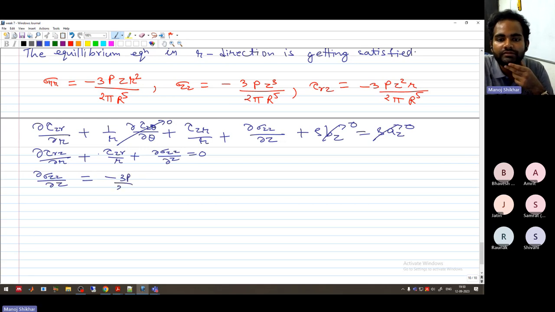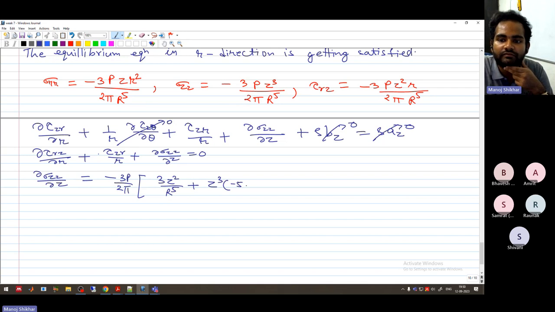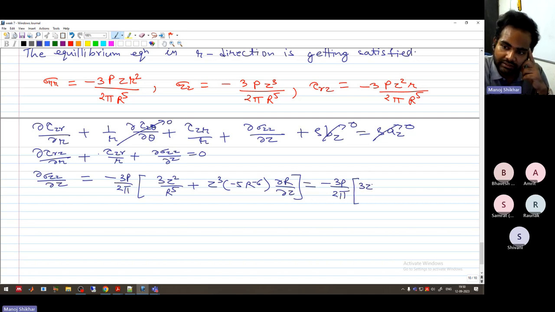Minus 3p by 2 pi is common. 3z square upon r to the power 5 plus z cube into minus 5 r to the power minus 6 into del r upon del z. Okay. So this is minus 3p by 2 pi into 3z square upon r to the power 5 minus 5z to the power 4 by r to the power 7. Okay.